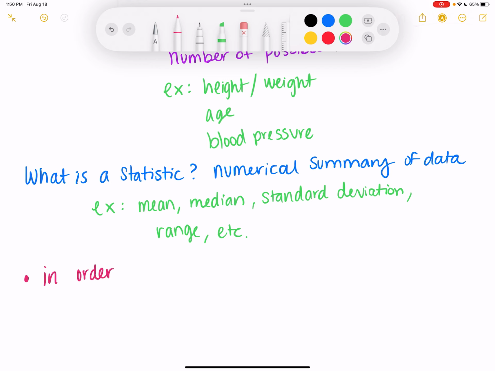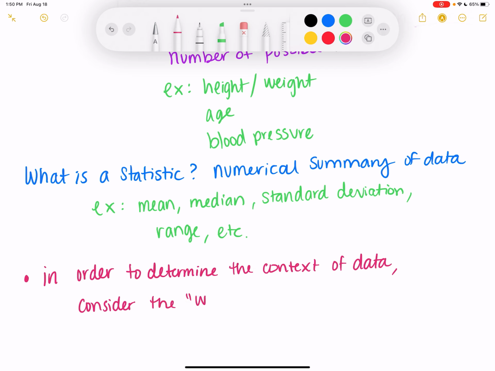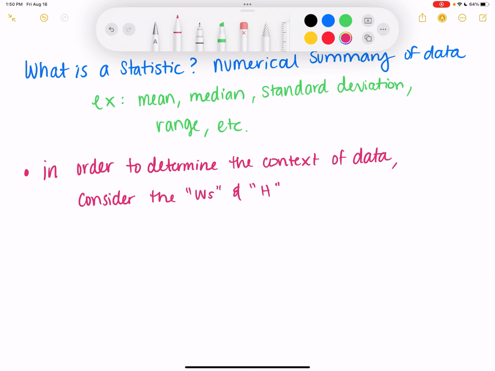All right, in order to determine the context of data, consider the W's and H. You're gonna think you're in English class, the who's and the what's and hows.